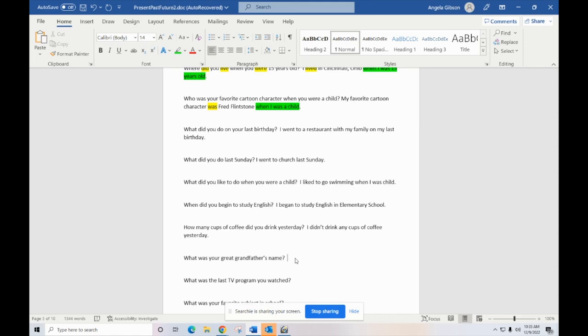What was your great grandfather's name? Okay, so I have my parents, my grandparents, and then my great grandparents. So I have more than one great grandfather, but I will say my great grandfather's name was Nathan Kitchell Curley.